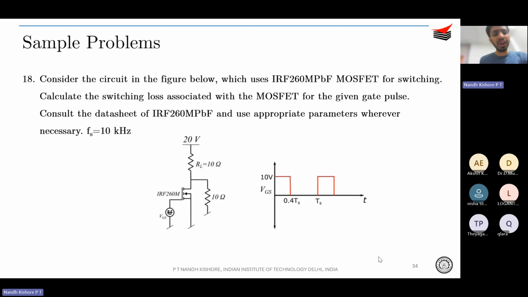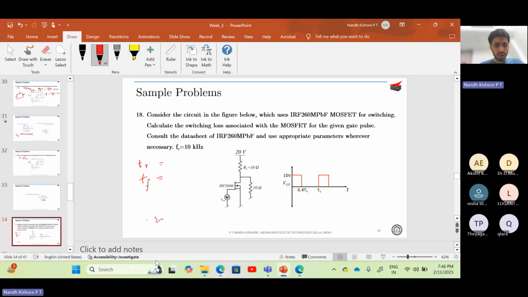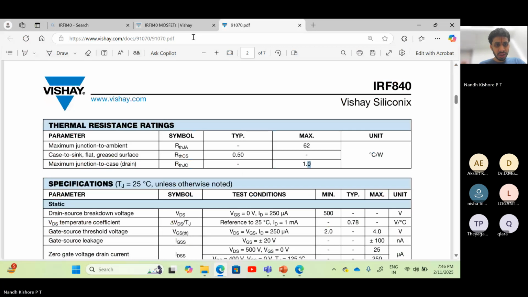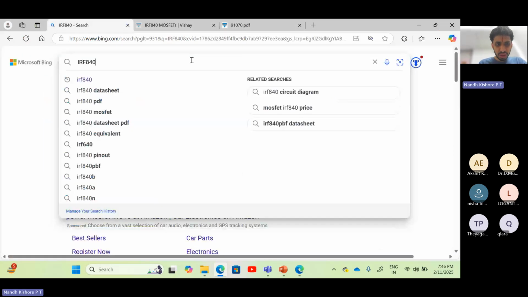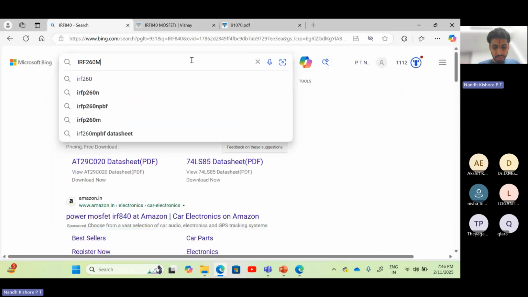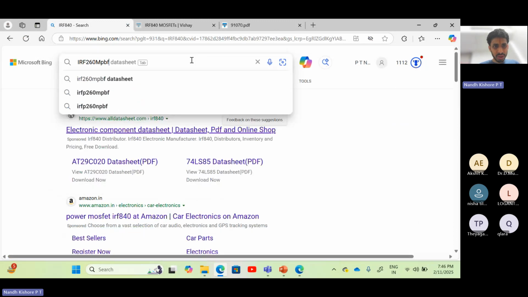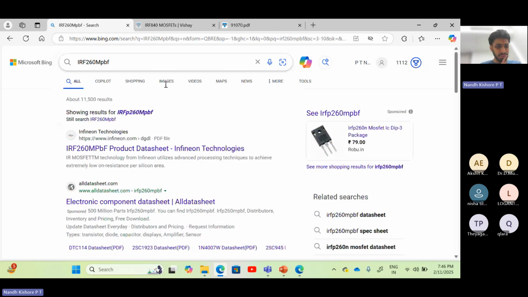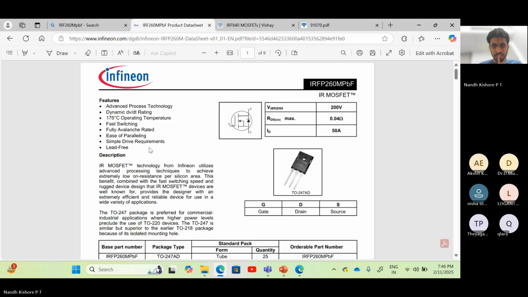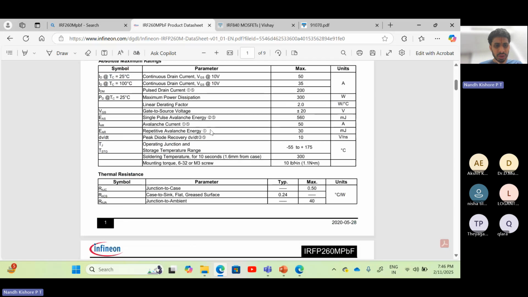So for switching loss, we need to find out what is tr and what is tf for this device, IRF 260 MPPF. So we'll just go to the internet. Search IRF 260 MPPF, go over here and go down.